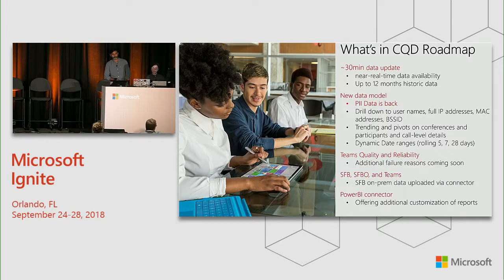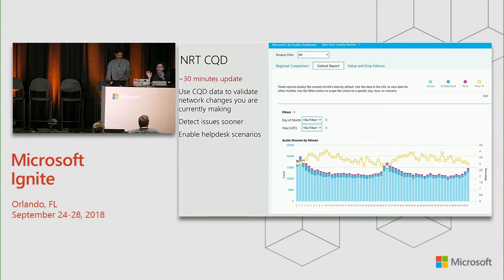Dynamic date ranges, drill down capability. Oh, it's a very long list, but I hope this makes you happy. Those claps will make my dev team very happy, by the way, because they work really hard.